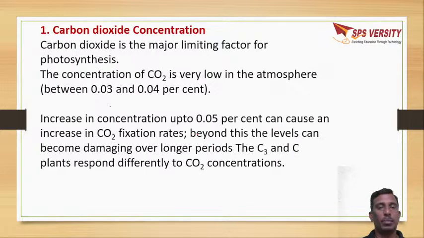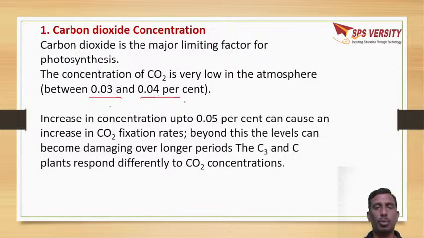And now the external factors, like carbon dioxide, sunlight, temperature. Carbon dioxide is one very important limiting factor. The percentage of carbon dioxide in the atmosphere is 0.03 or 0.04%.